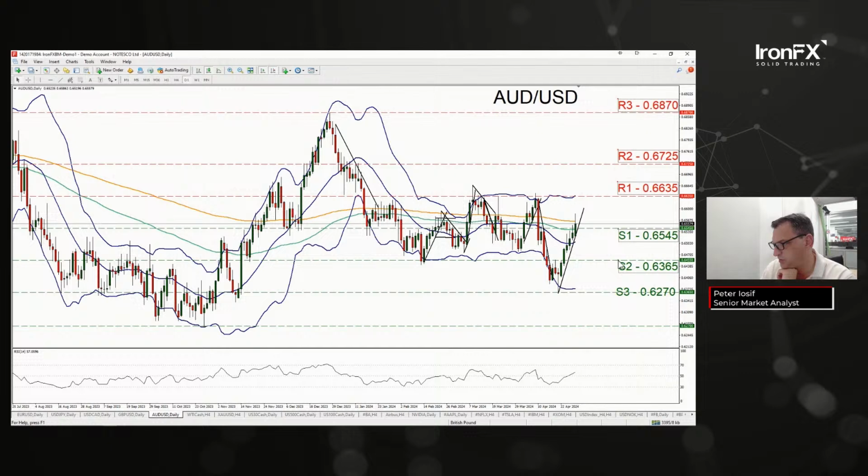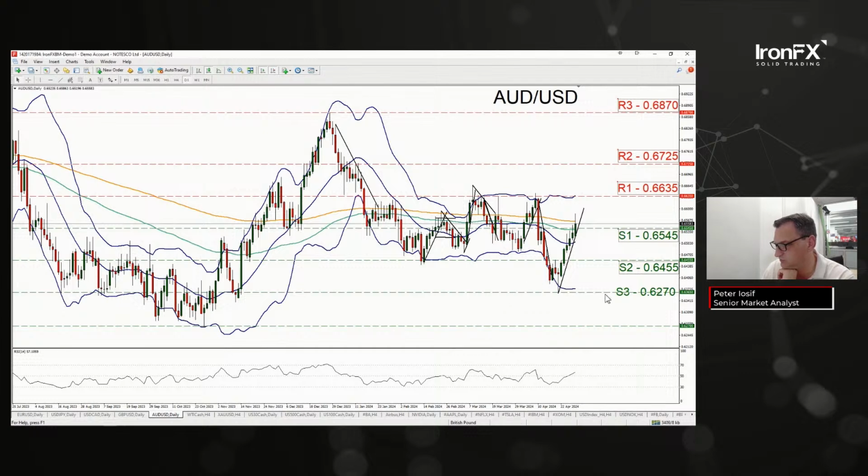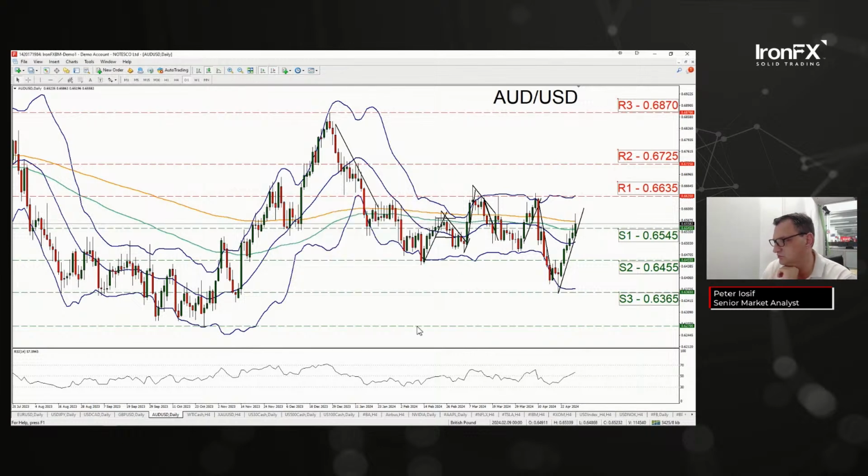The S2 at 0.6455. 0.6365. Let's lock everything in.